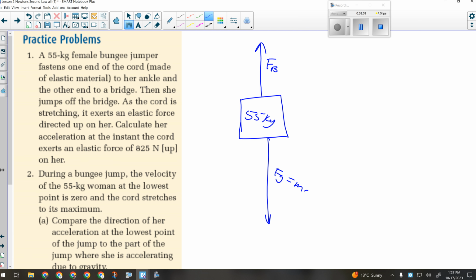The force of gravity we can calculate because we know her mass and we know the acceleration due to gravity. So if we go 55 times 9.81, we'll get 539.55 newtons. They tell us the force in the bungee cord is 825 newtons. So what is she doing?